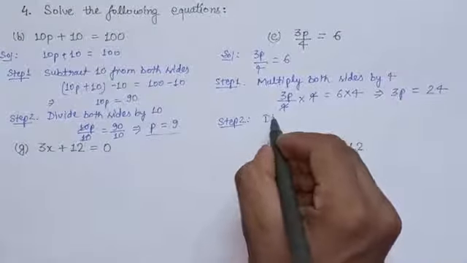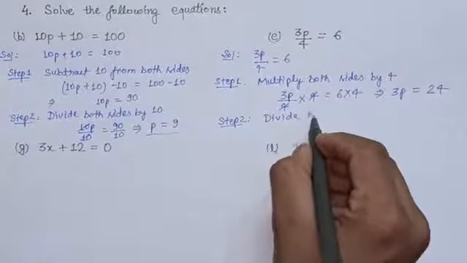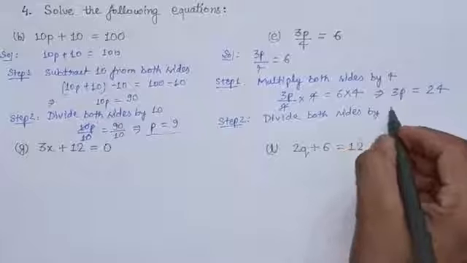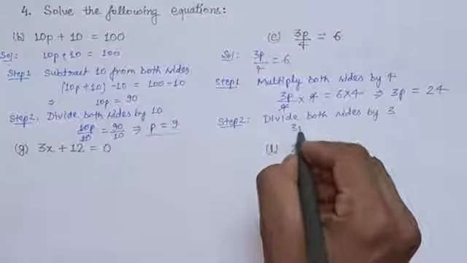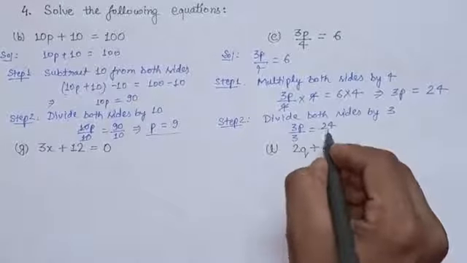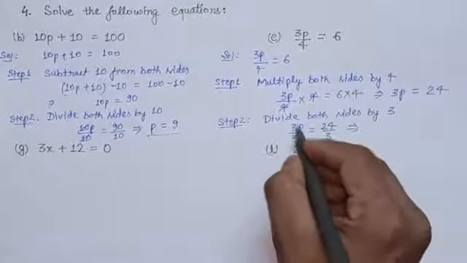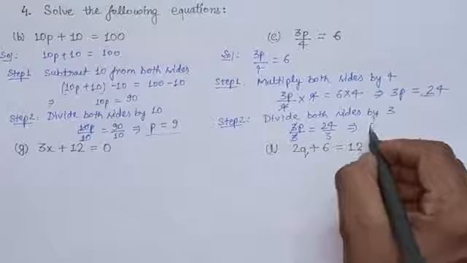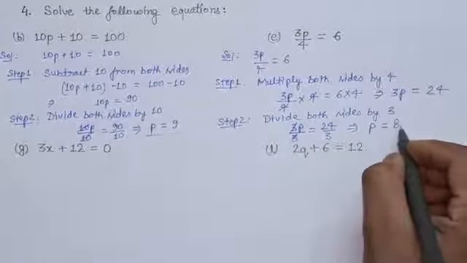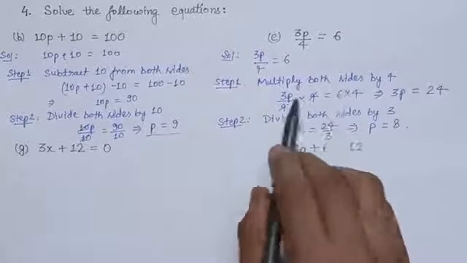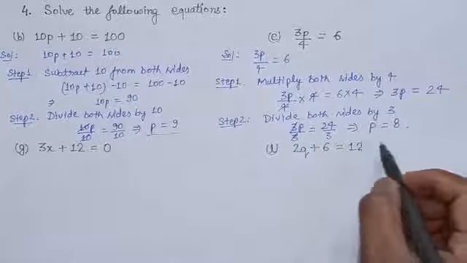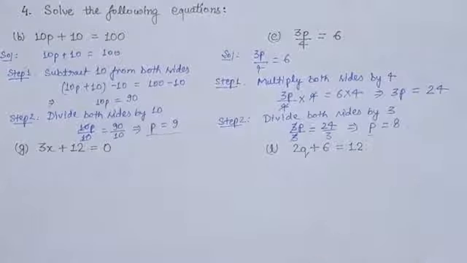So what can we write? 3p by 3 is equal to 24 by 3. So here 3 and 3 are cancelled out, so we have p only, but on the right hand side we have 24 by 3, that is 8. So these are the steps: multiply both sides by 4 and divide both sides by 3, and we have the solution p is equal to 8.